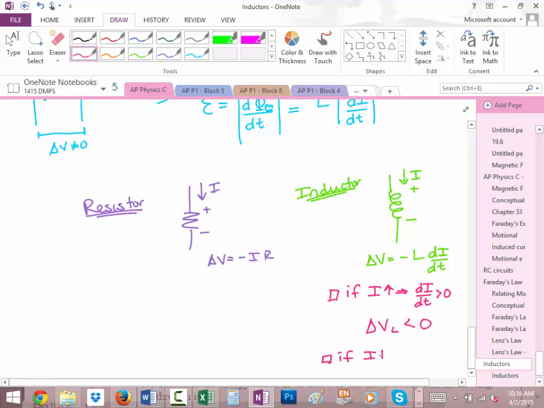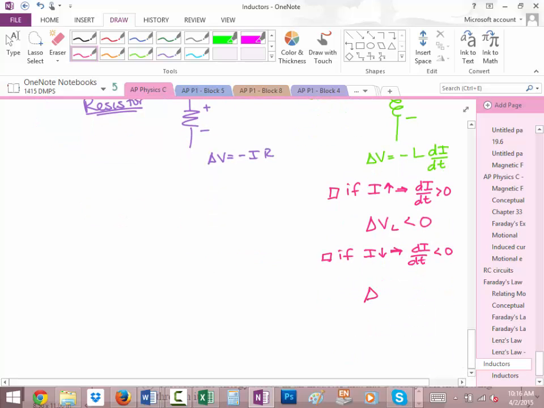If I decreases, that is to say that di dt is less than 0, then the potential difference across the inductor is greater than 0. Is that okay?